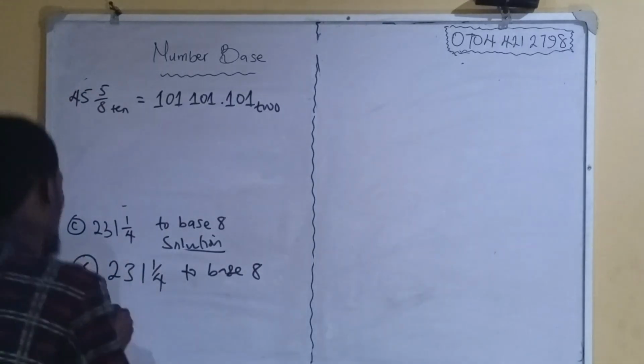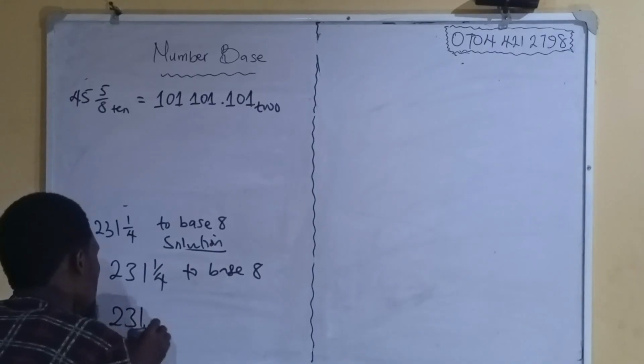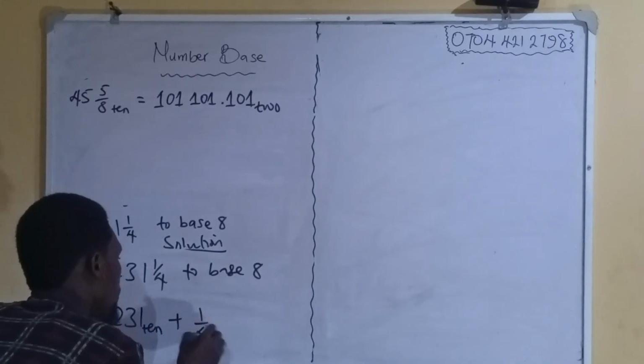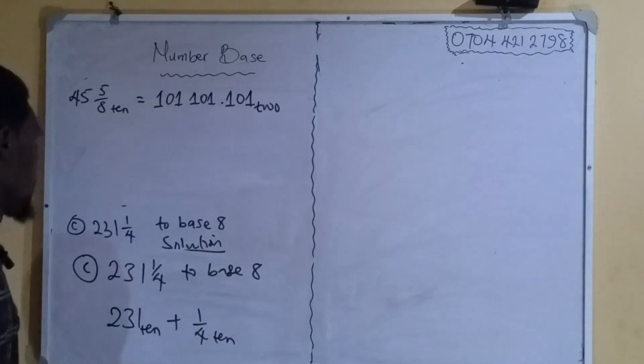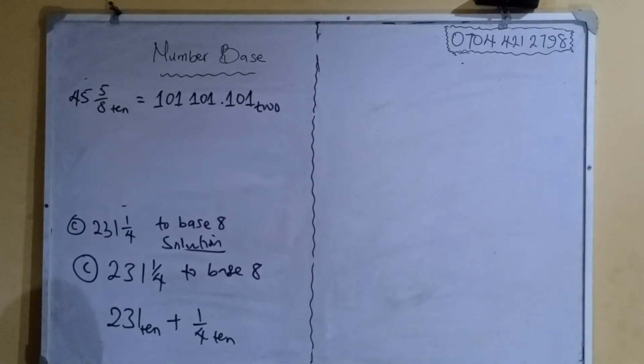What we have to do is we have to separate them. You have 231 base 10 plus 1/4 base 10. So let's see how it goes.